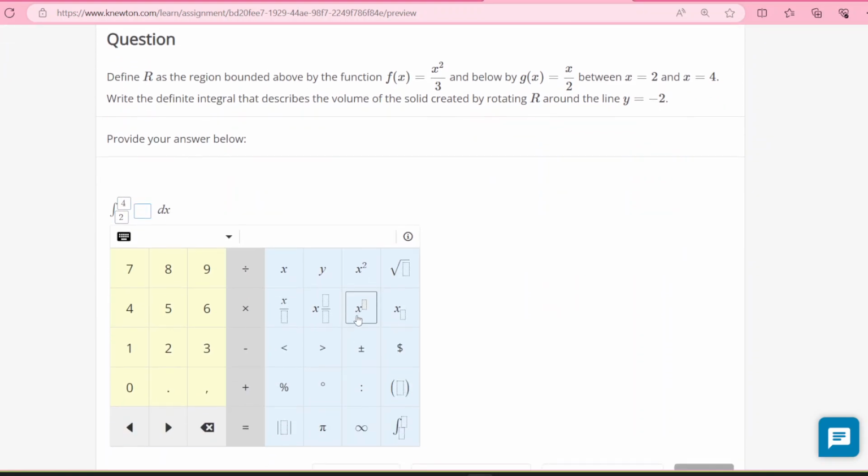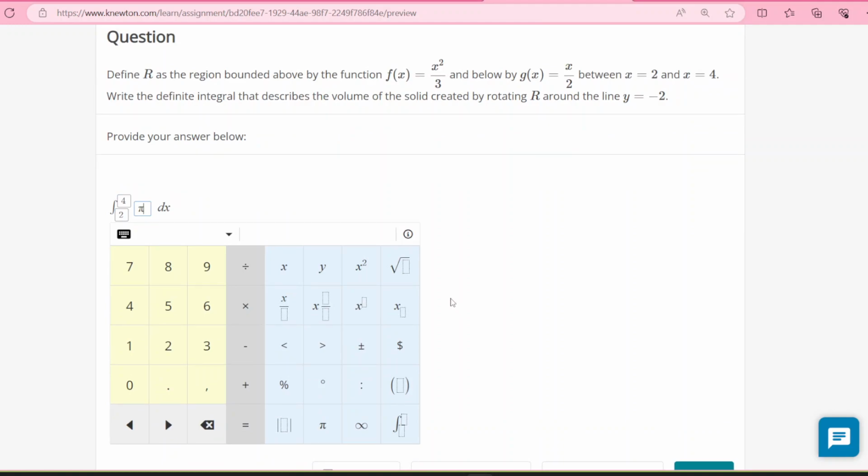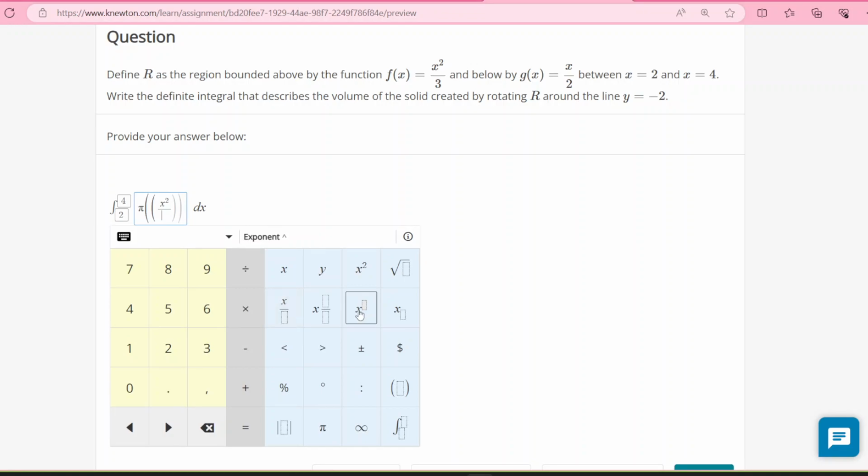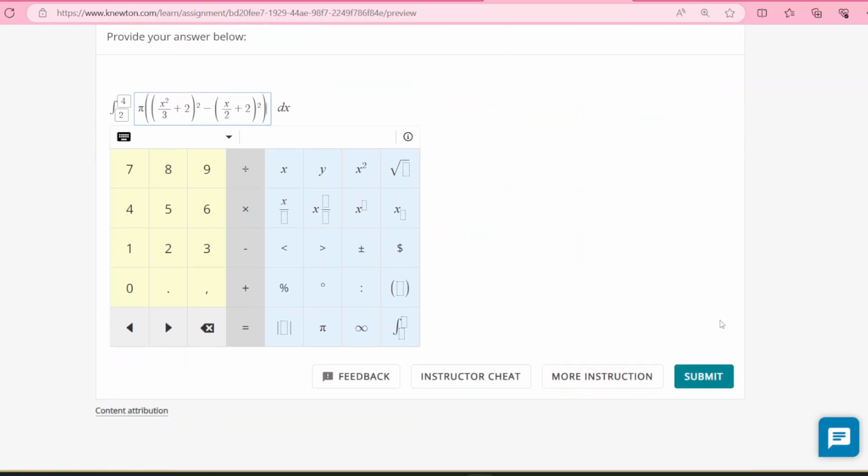And then in here, the integrand, we had pi times the quantity, other quantity with x squared divided by 3 plus 2, that quantity squared, and then minus another quantity, the inner radius squared, x over 2 plus 2 squared, and then close the big set of parentheses, and that's it. This integral is going to give us our volume.